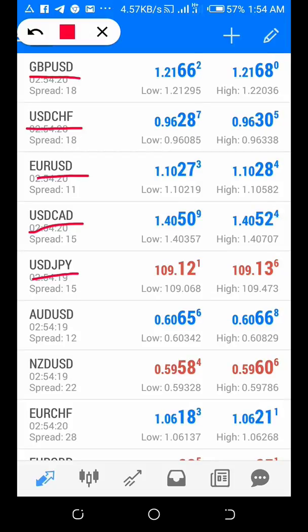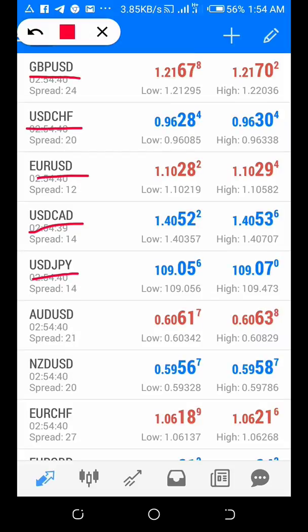For instance, in USDCHF, USD is the base and CHF is the quote currency. Note that the base always has more influence on the quote currency.